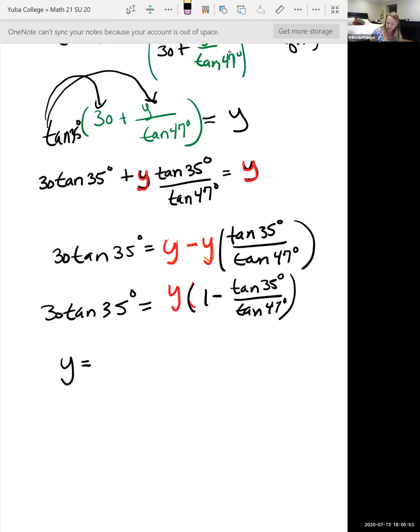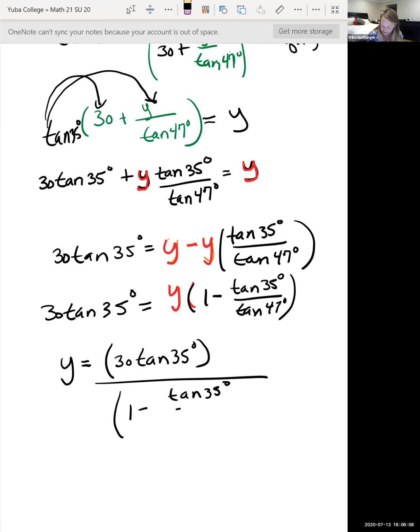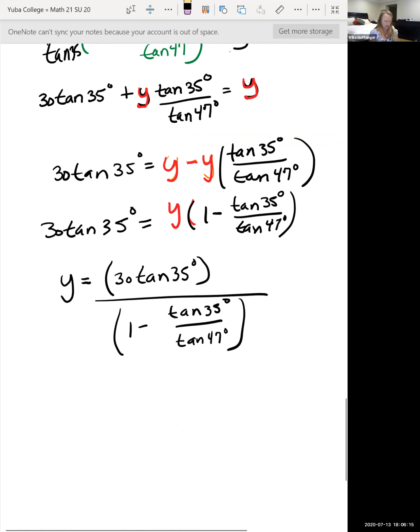Y equals 30 tangent of 35 degrees, all divided by 1 minus tan 35 degrees over tan of 47 degrees. Okay. I'm going to do this in pieces. So 30 tan of 35 degrees is approximately 21.